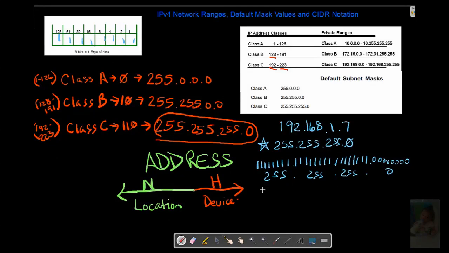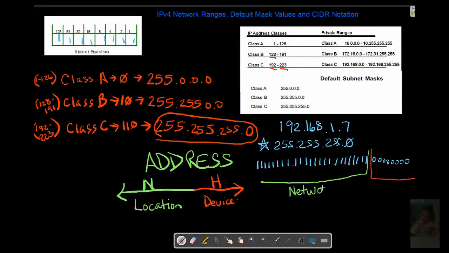So we can now quickly take this mask, look at it here in a binary pattern, and what we actually end up doing when we do that is we are creating our division from our network to our host values. We are saying at this point, anything associated in this last octet becomes our host portion, and anything associated this way, this becomes our network portion.